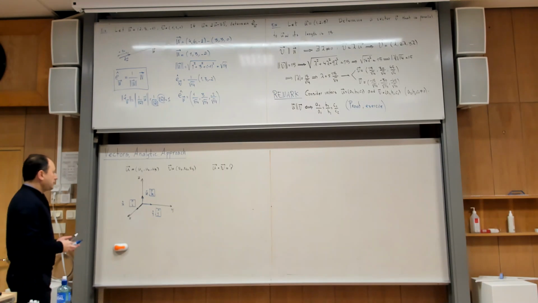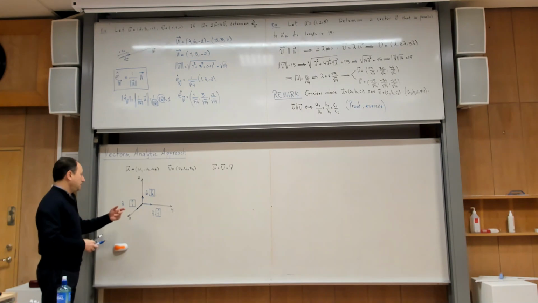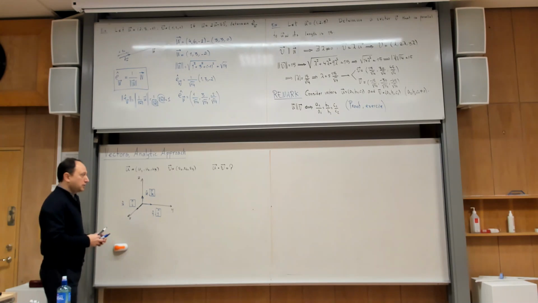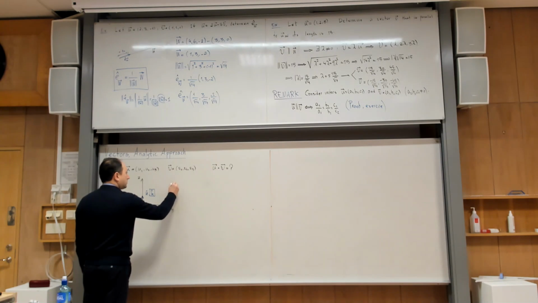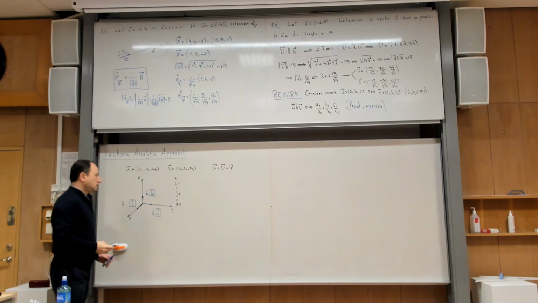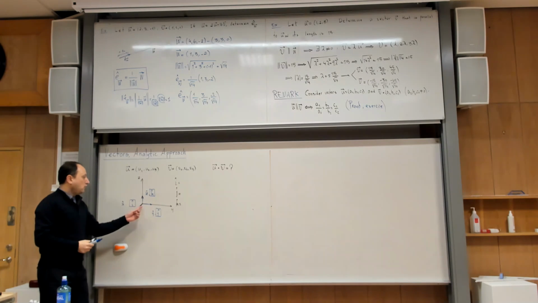Now I told you that every vector should have three components. Can you tell me what are the components of vector i? What are the components of vector j? And what are the components of vector k? I need to understand how much I am displaced on the x-axis by i, how much on the y-axis, and how much on the z-axis.